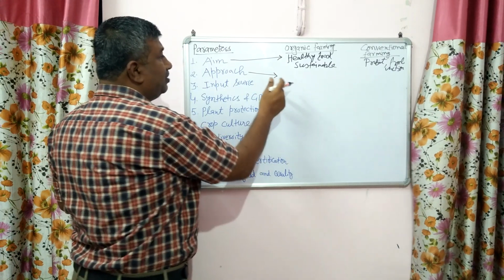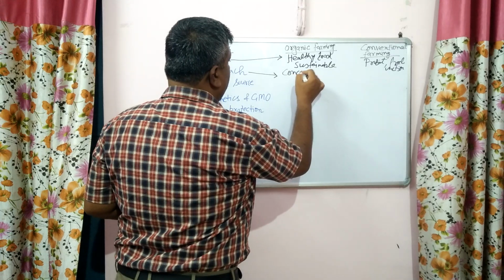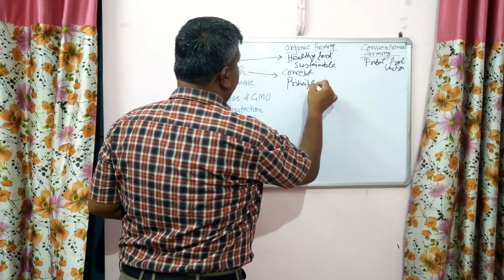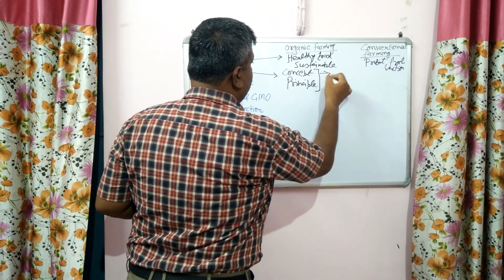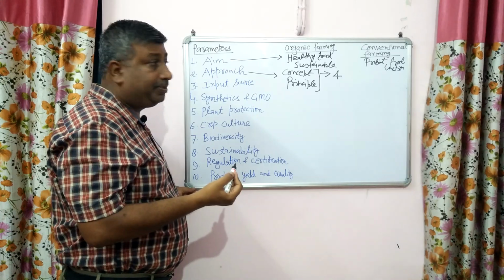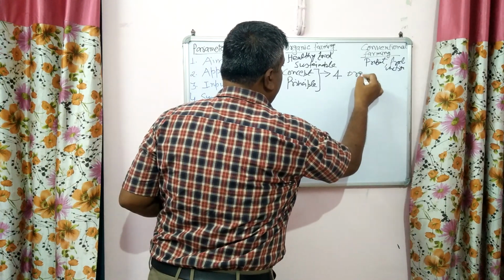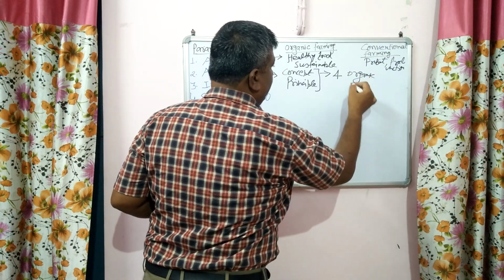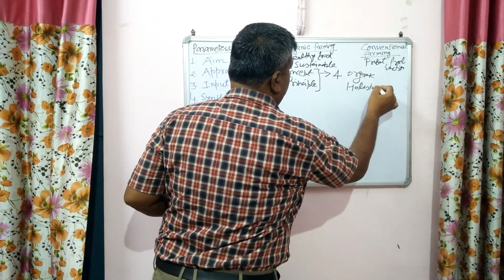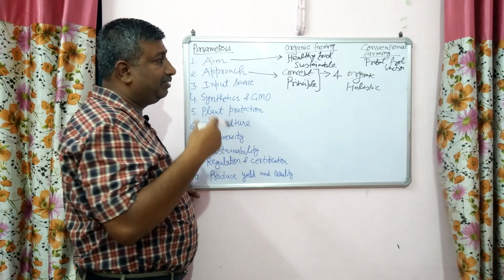So this is a concept and principle based approach. There are four concepts: organic concept, then holistic concept. The whole system, the ecosystem, is considered one.